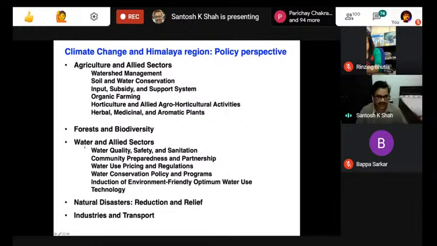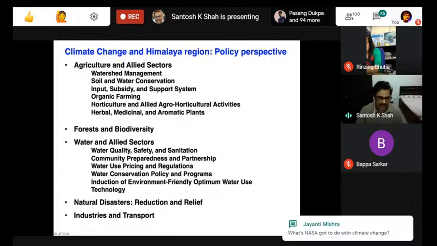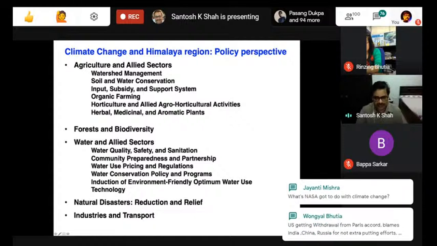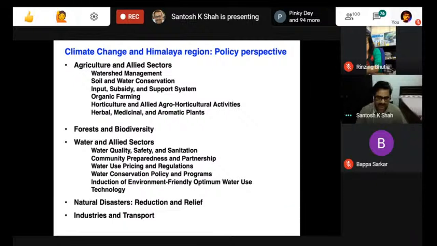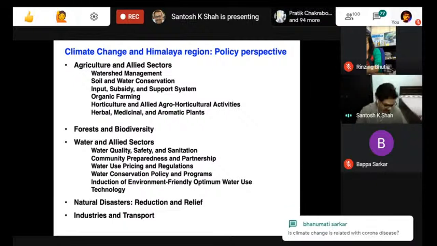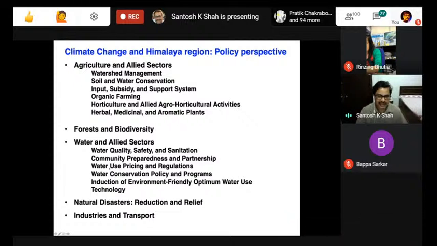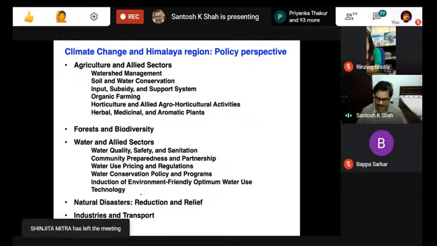Water and allied sectors are affected: water quality, water use pricing, regulation, water conservation, even natural disasters. So if you know the future projection, the forecasting, if you have proper forecasting, then you can control or sustain these things, and it even affects industry and transport.